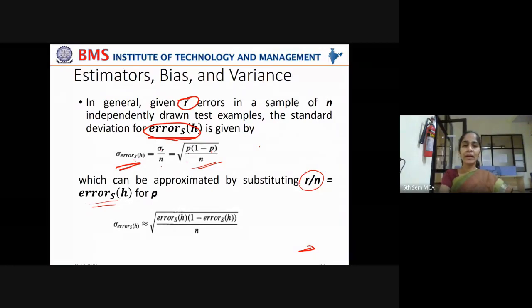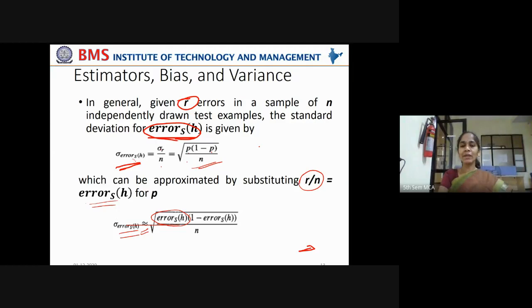So you can write sigma, the standard deviation for the sample error, as approximately equal to the square root of, instead of p, the sample error, because it is an unbiased estimate. R by n is equal to p, and R by n is nothing but your sample error.